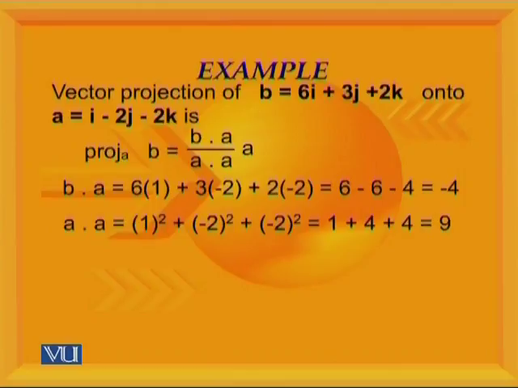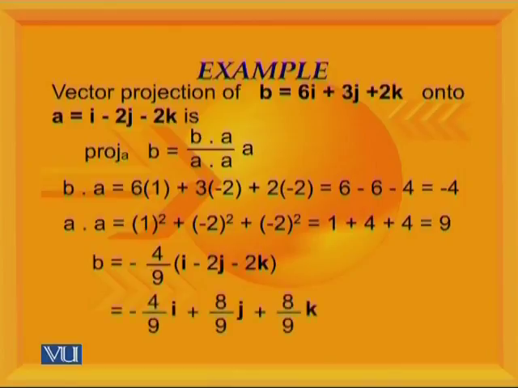And for attaching the direction, we multiply the vector A by this scalar minus 4 over 9, giving us minus 4 over 9 into i minus 2j minus 2k, which is equal to minus 4 by 9i plus 8 over 9j plus 8 over 9k.